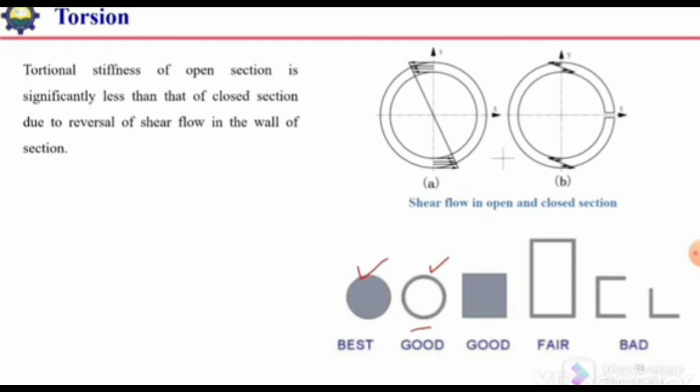Closed section is also a good option. If it is not circular, then it should be a solid section or closed section. But C sections and angle sections are not a good option for a member subjected to torsion. We need to avoid this type of section for torsional members.